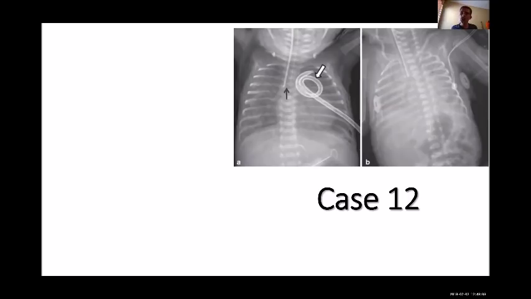I know it's AP view, but what does anterior posterior mean in X-ray? From where is the film and where is the X-ray beam? In AP view, the film will be on the back side and exposure will be from the front side. Okay, so AP or PA describes the direction of the X-ray beam.